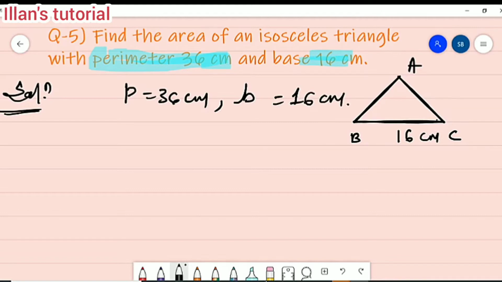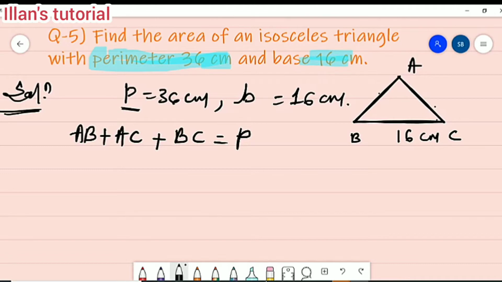Then the length of each of the equal sides, that is AB and AC. So we know perimeter. What is perimeter? Sum of all sides. That means AB plus AC plus BC equals perimeter.